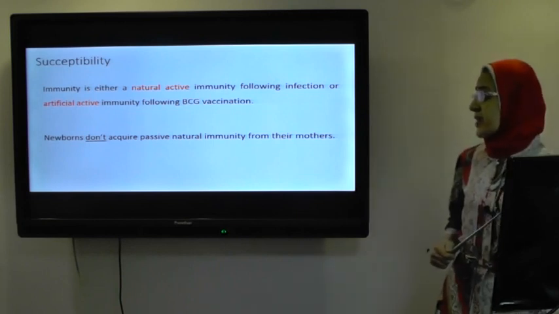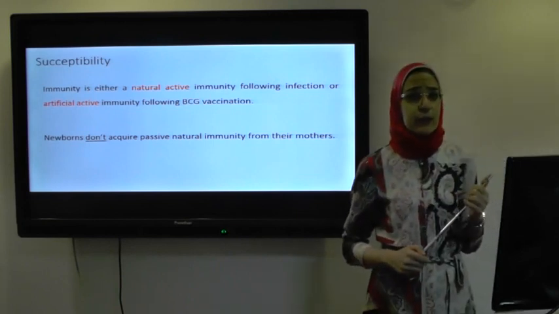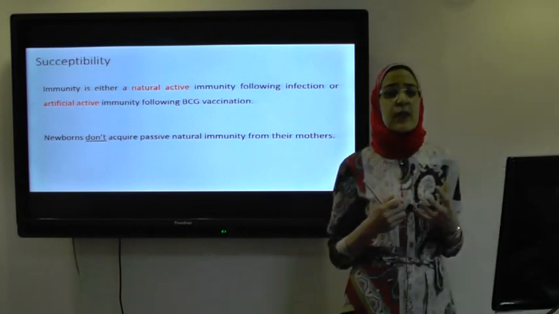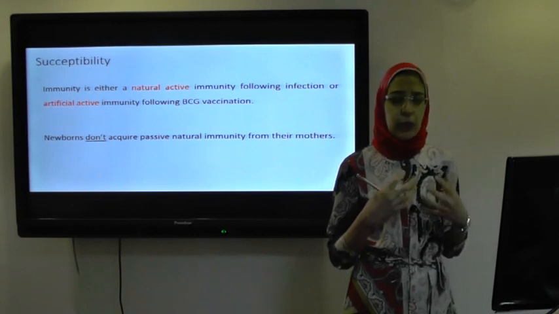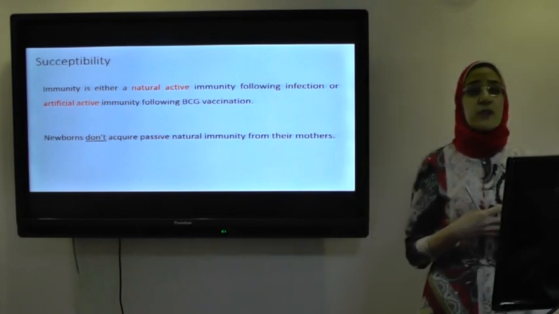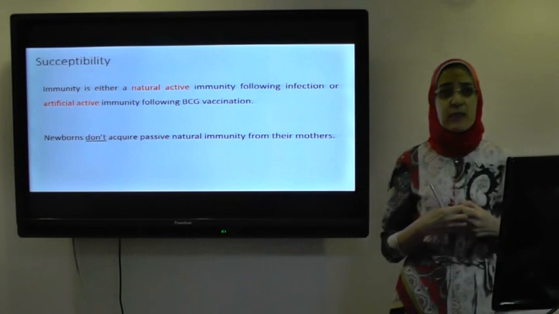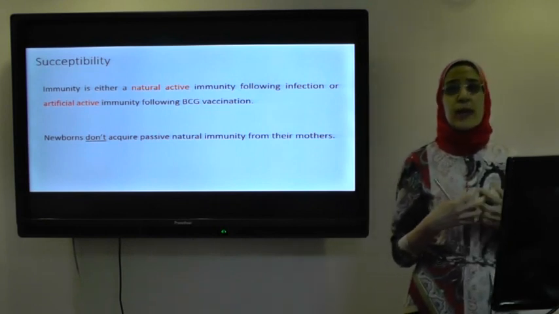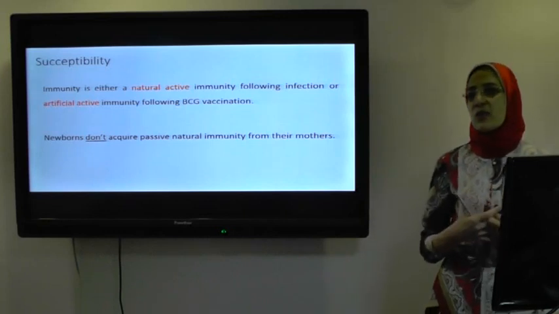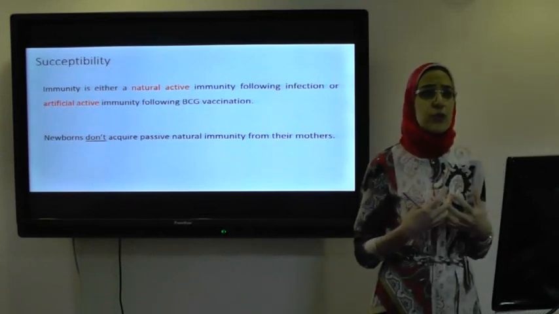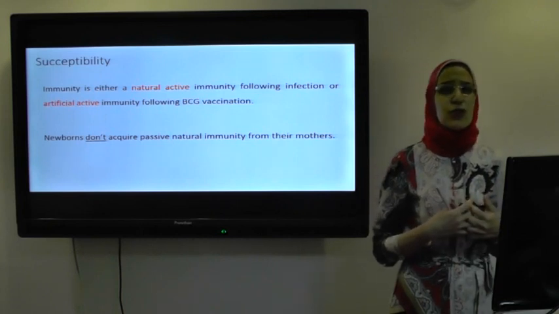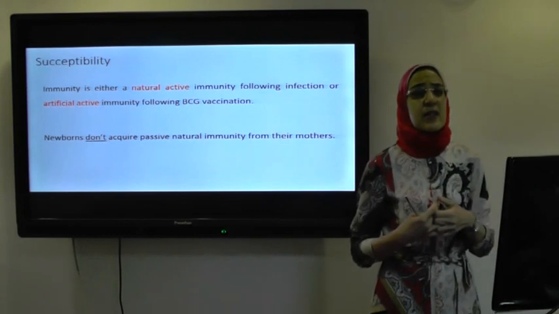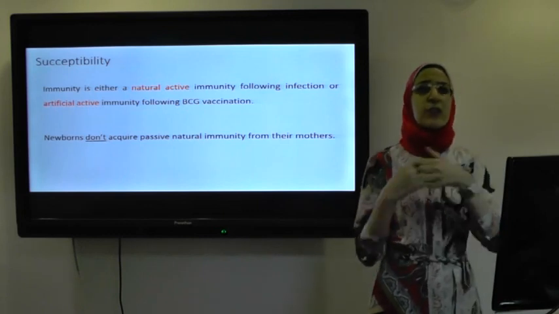Immunity against TB is either natural active or artificial active. Natural active immunity comes following infection, while artificial active comes after receiving the BCG vaccination. There is no natural passive immunity for TB. That is, newborns do not acquire passive natural immunity from their mothers, because it is a cell-mediated immunity, which cannot be transferred from the mother to the fetus.